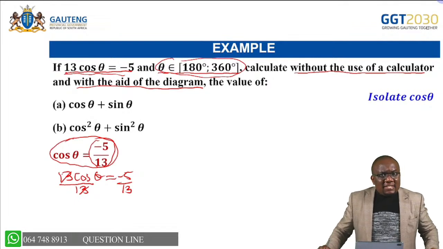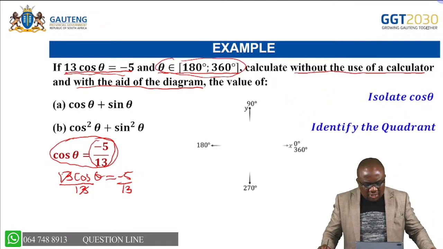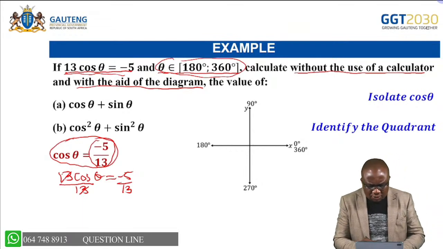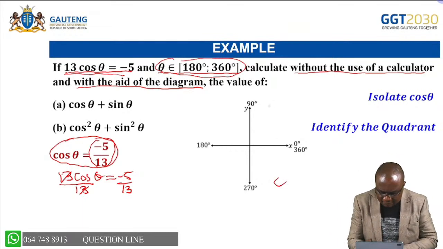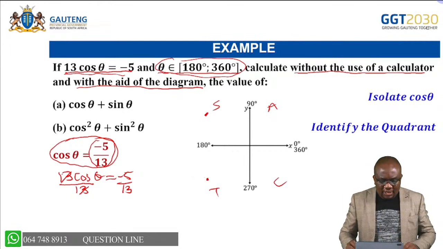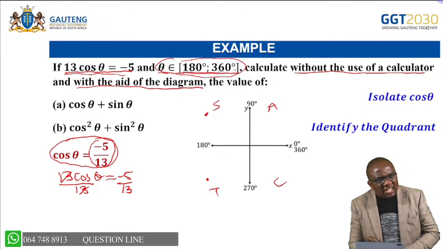Right, now let's identify the quadrant. Where do we have cos theta negative? I'll use my dots. This is cast. Cos theta is negative in quadrant 2 and in quadrant 3. That's where cos theta is negative. And then we're saying the angle must be between 180 and 360.